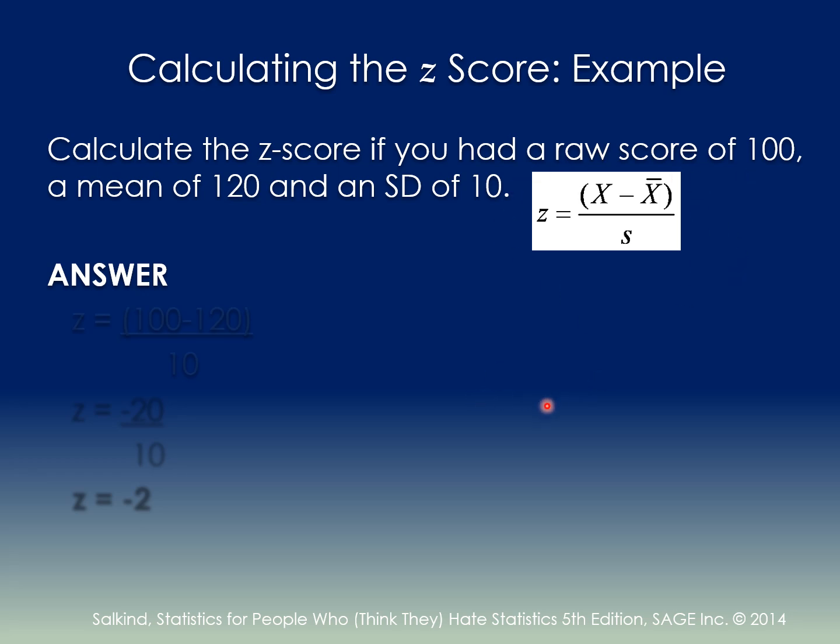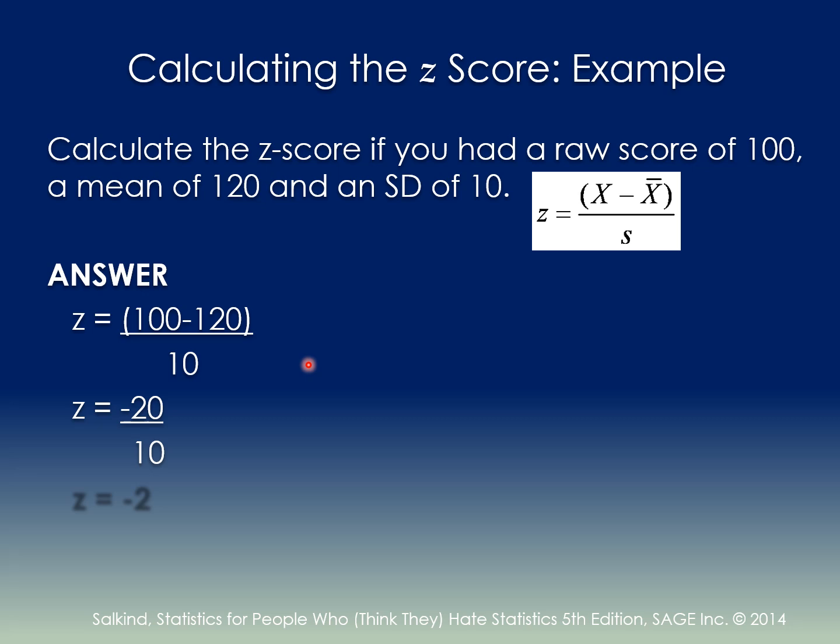So my z-score is equal to the raw score 100, minus the mean, which is 120, divided by the standard deviation, which is 10. So when I work this out, I get minus 20 over 10.